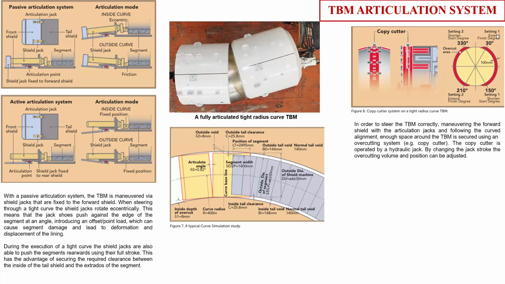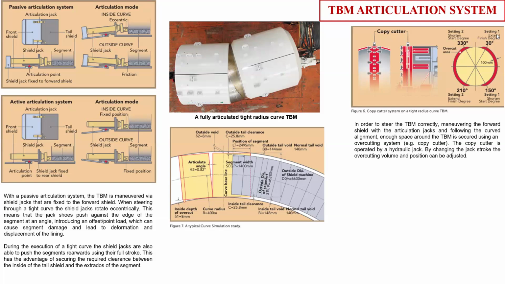This happened in one stretch of Ahmedabad Metro where there was a very tight curve. The TBM shield end got stuck because the front shield was able to negotiate the curve, but the tail end was not, and it got stuck with the segments.